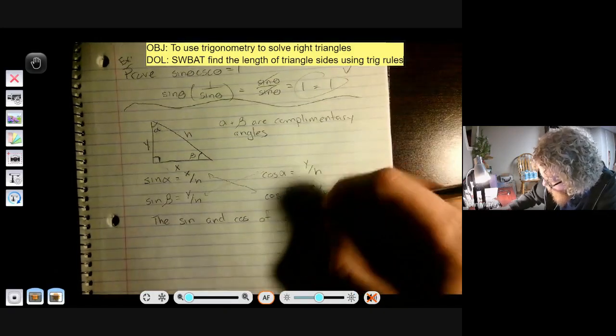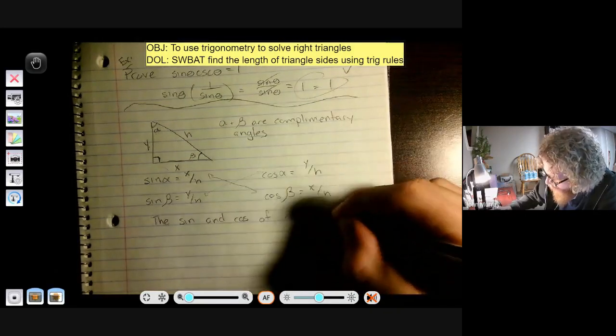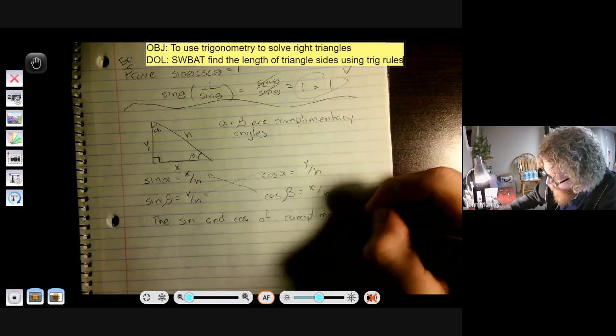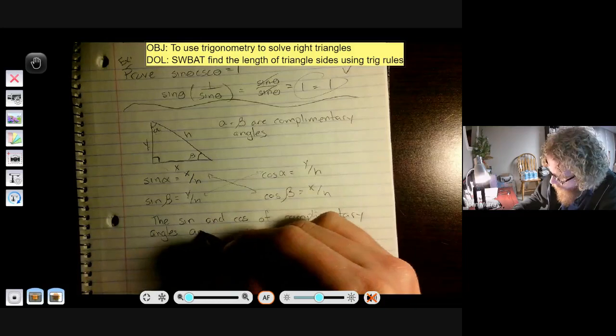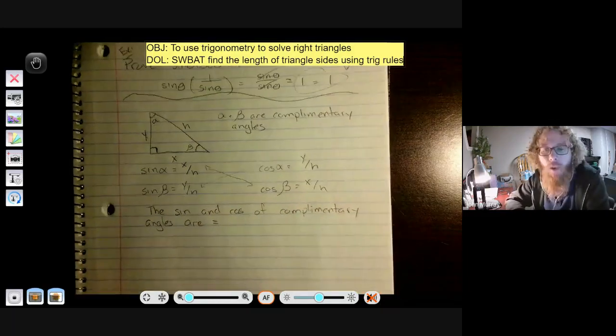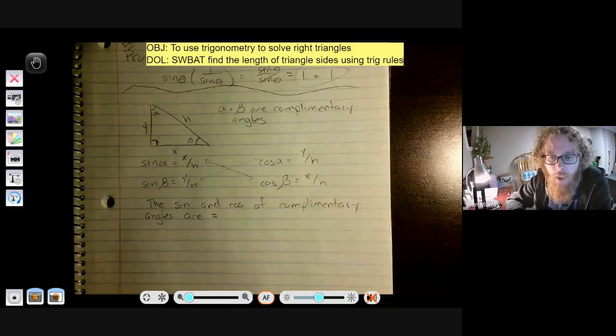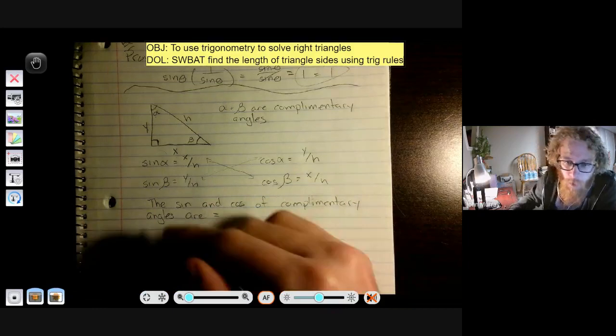I think I'm spelling complementary wrong, but whatever. Okay, we can say that the sine and the cosine of complementary angles are equal. Right?